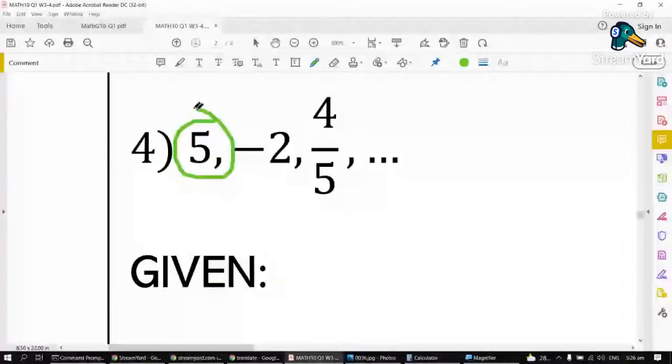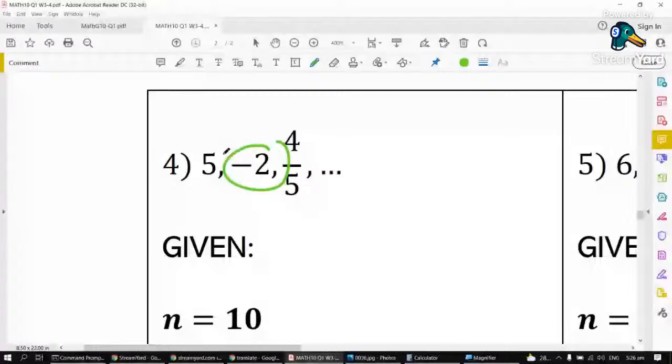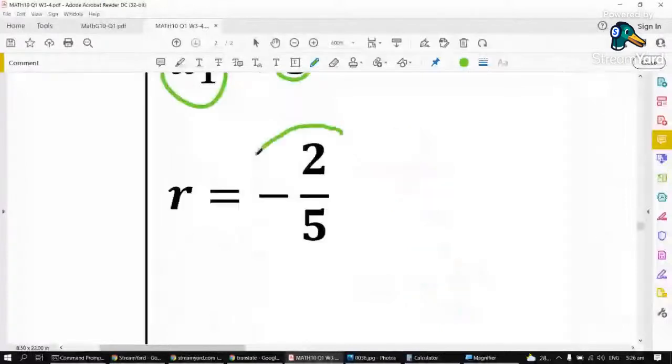Ang ating common ratio is negative 2 divided by 5. Negative divided by positive is equal to negative 2 over 5. Yan, common ratio, negative 2 over 5.